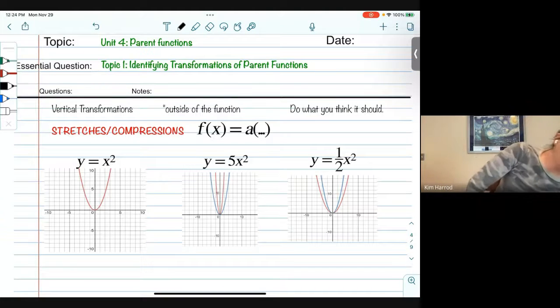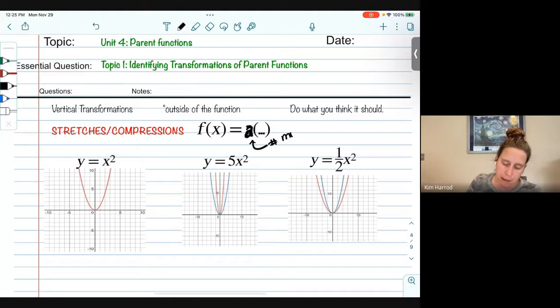So again, with vertical, the theme for vertical is that whole outside, right? So when it happens outside the function, that shows up right here with a number being multiplied to the function itself. So you can see I have two examples.